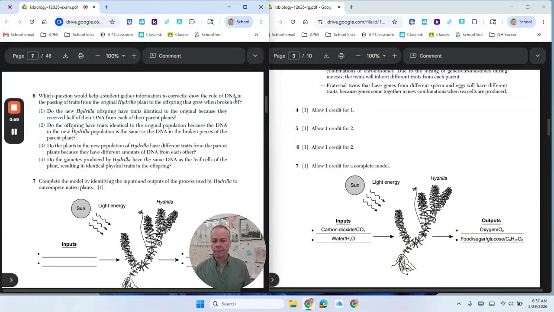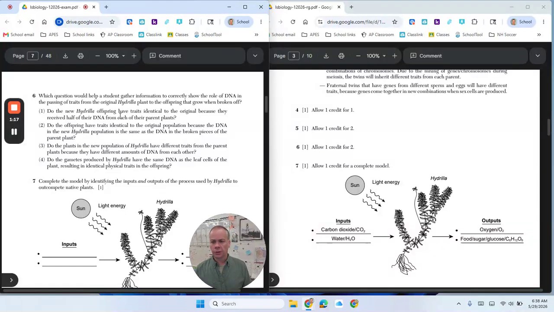When you read the stem of that question, what it's really asking about is asexual reproduction. When a piece of this hydrilla breaks off, it can grow into an entirely new plant. That process is asexual reproduction.